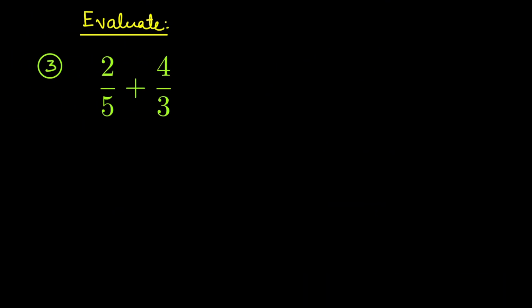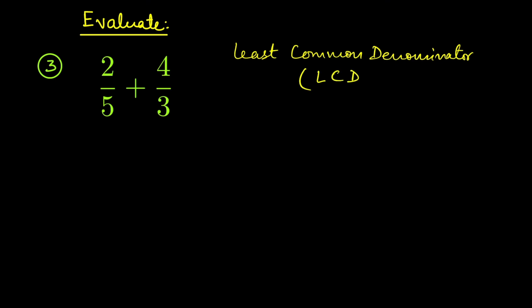Now the next case we take is with unlike denominators. That means the denominators are different. In such cases, we first find the common denominator, the least common denominator, in short LCD.